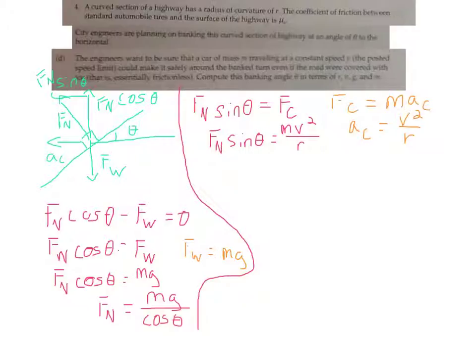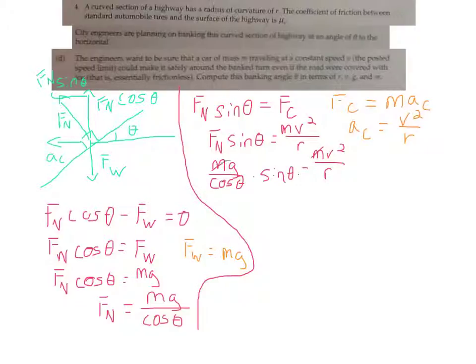Then we substitute in our answer here for normal force into this equation with normal force in it. And we have mg over cosine of theta times sine of theta is equal to mv squared over r.